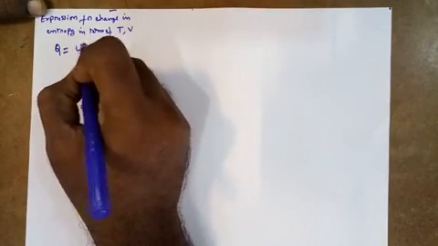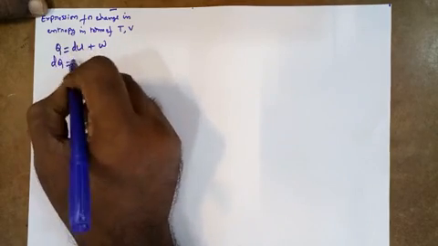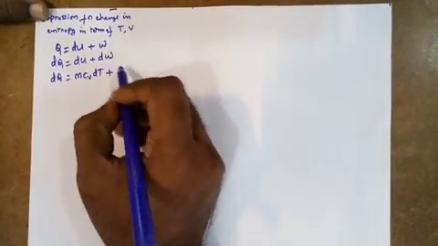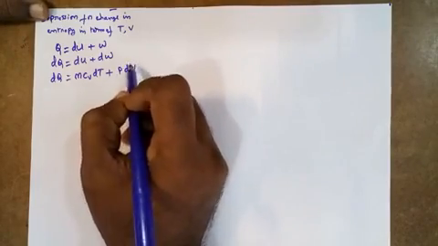As you know, according to the first law, Q is equal to U plus W, that is, you can write this as dQ is equal to dU plus dW. Then dQ is equal to m Cv dT, as the formula for change in internal energy, plus, for the work done, P dV.